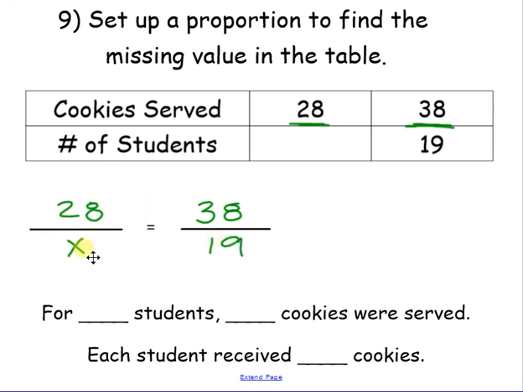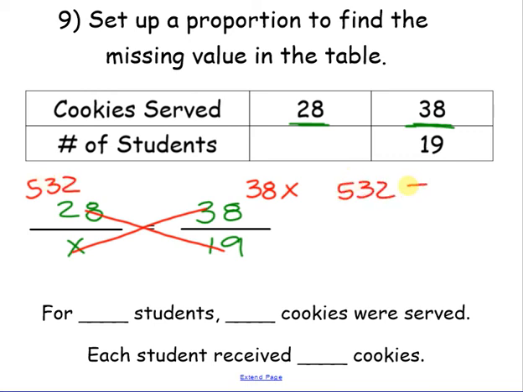So I'm going to cross multiply. x times 38 is 38x. 28 times 19 is going to be 532. Set them equal to each other. Okay, we're going to go ahead and box the variable, divide by 38, do it to the other side to be fair.